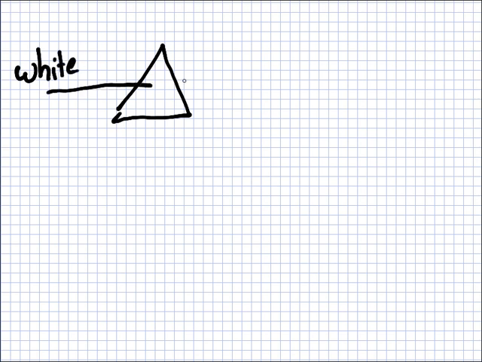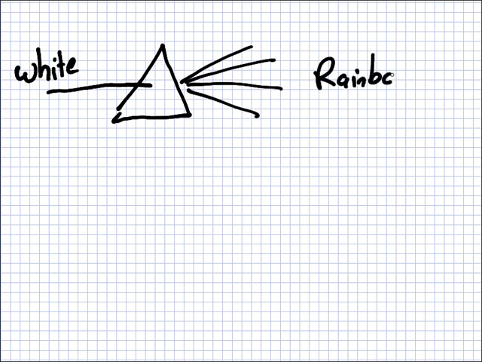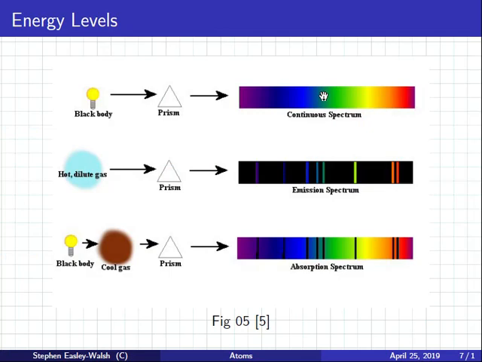Let me draw it for you. You have a prism, you have white light, the light comes in, and you get all the different colours. Get the rainbow colours. Right? Rainbow.